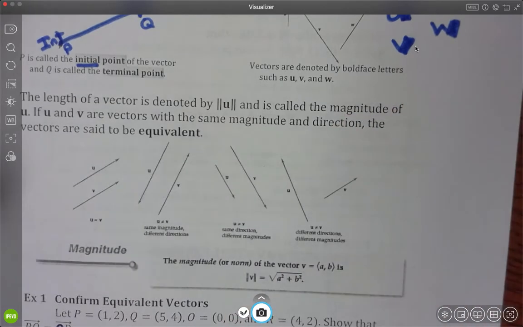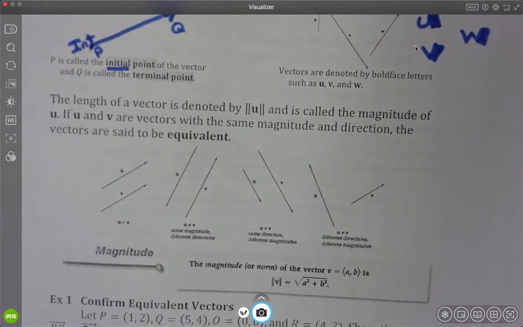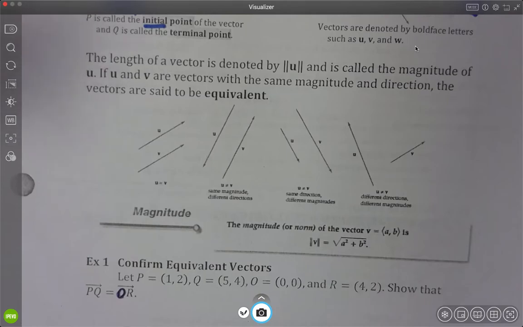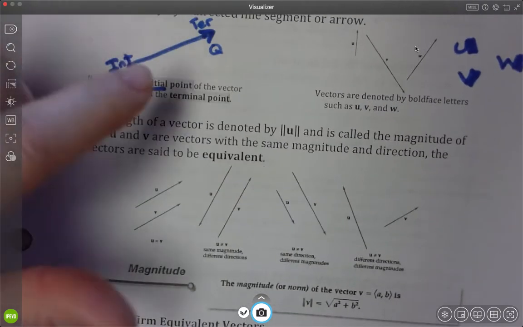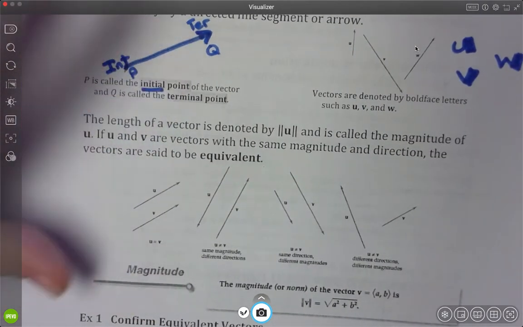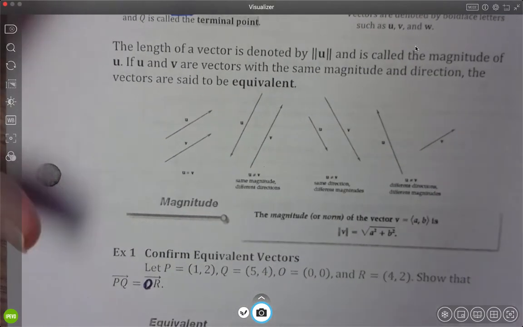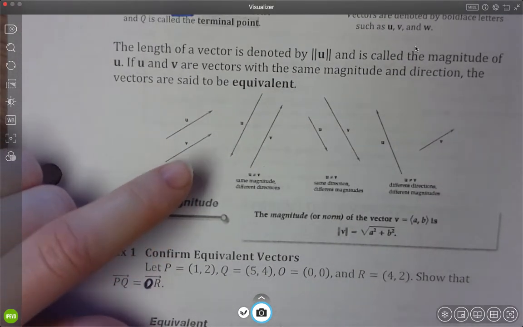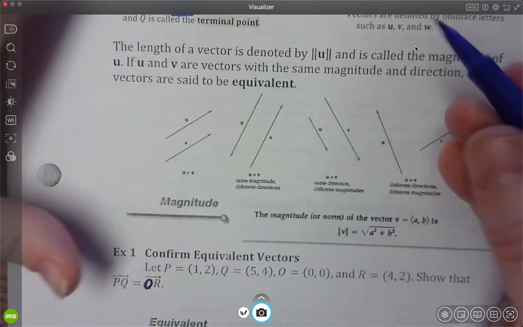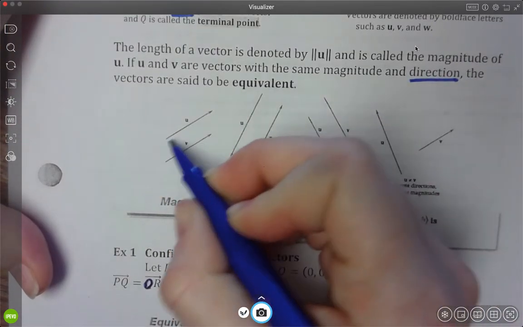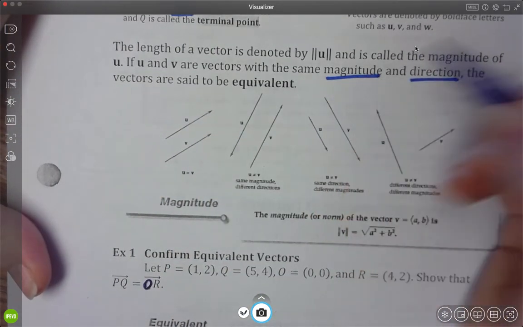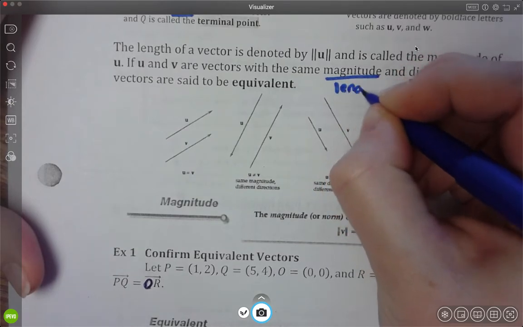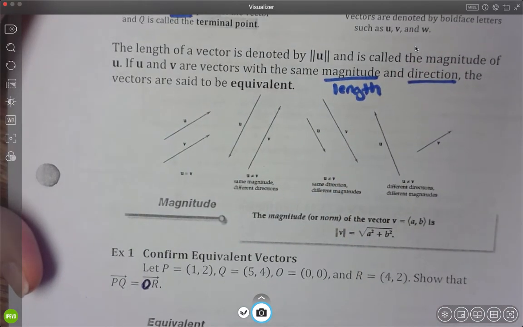All right, so when we talk about equivalent vectors, vectors are basically line segments that are out in space, and two vectors are equivalent if they have the same direction, so they're both going the same direction, and they have what's called the same magnitude, or the same length. Okay, another word for magnitude is length.